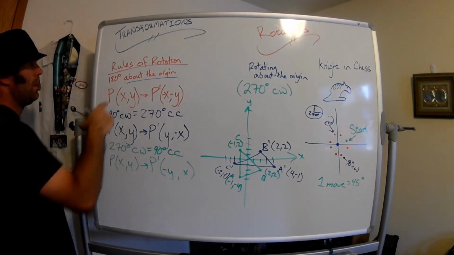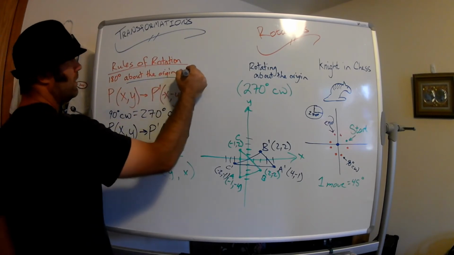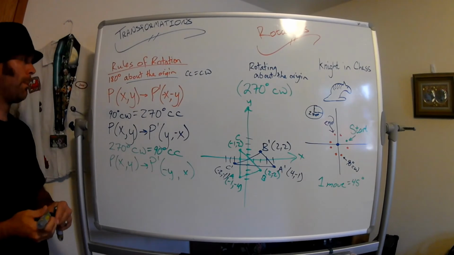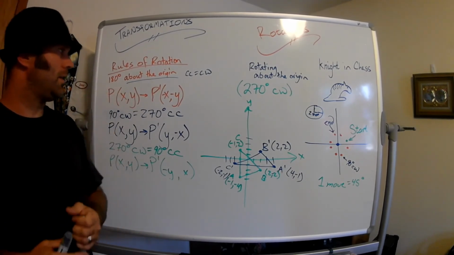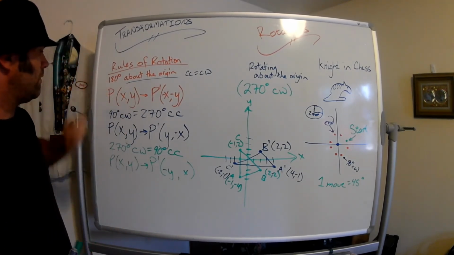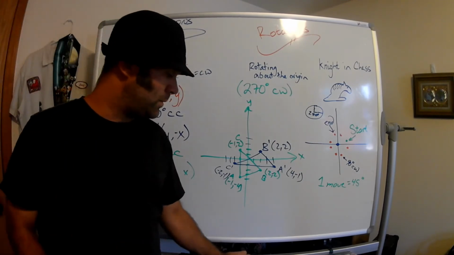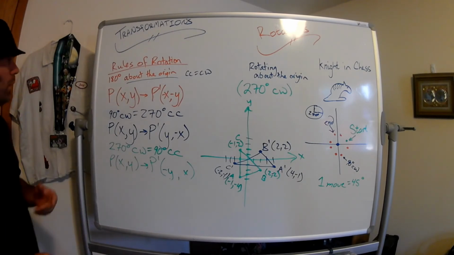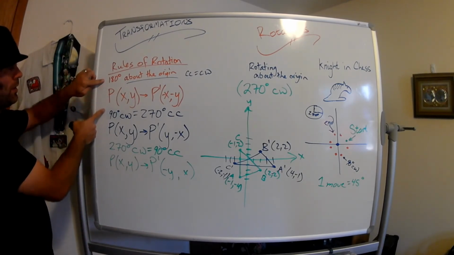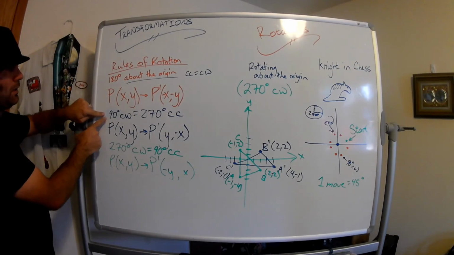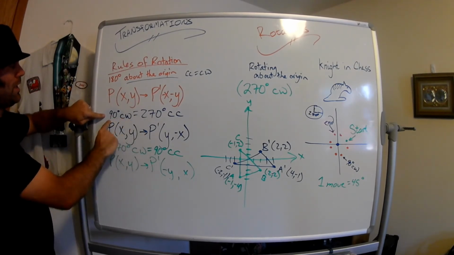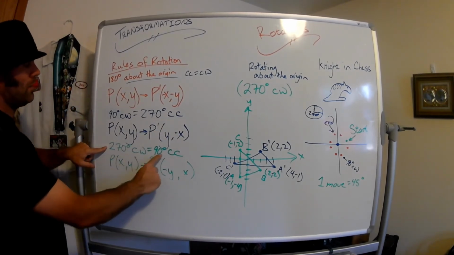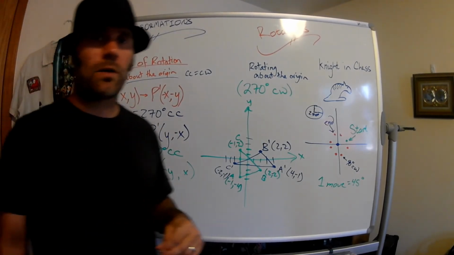All right? And then the 180 degrees about the origin, clockwise equals counterclockwise. They're the same for 180 degrees. So it doesn't matter. So we've actually built all of our rules here for 180 degrees, 90, and 270, 90 clockwise, 270 counterclockwise, 270 clockwise, and 90 degrees counterclockwise.